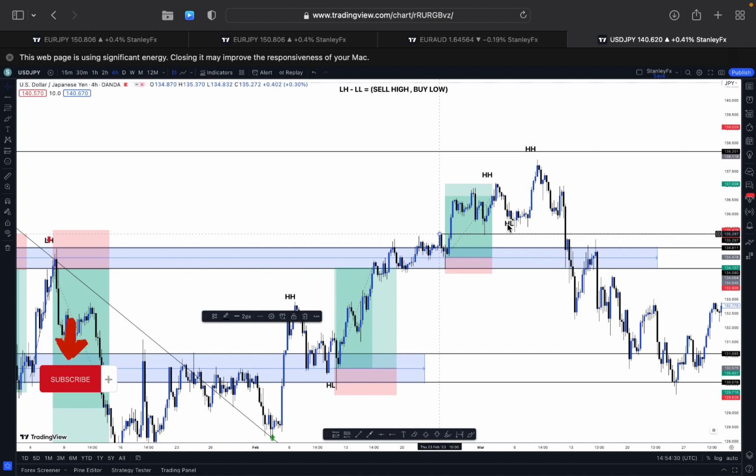From there, we can see a good market retest, which actually gave us a low at this particular point.